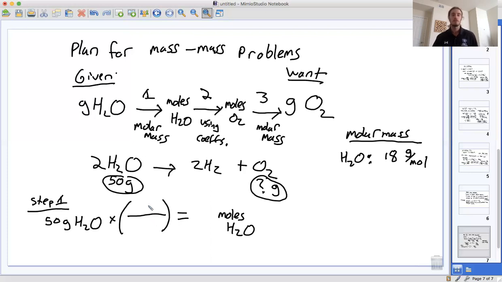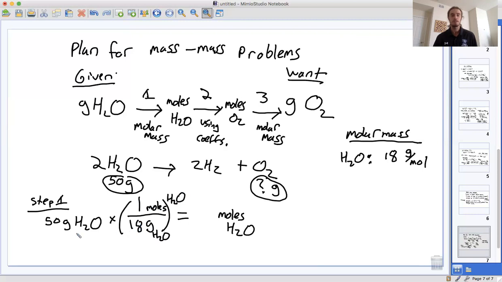I'm converting to moles and I want grams to cancel, so I'll put grams of water on the bottom and moles of water on the top. This molar mass tells me that 1 mole of water is 18 grams.